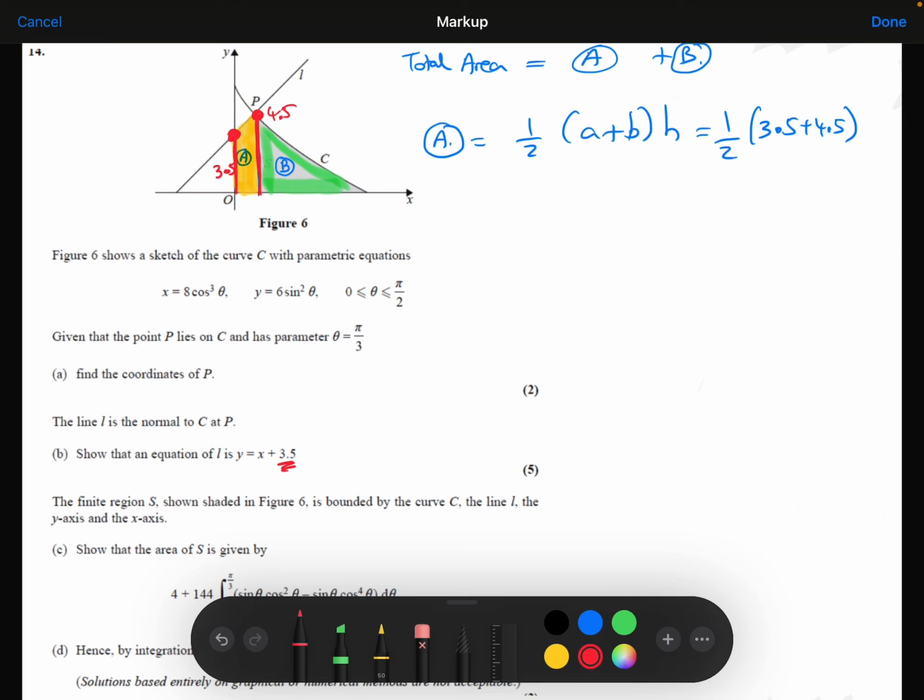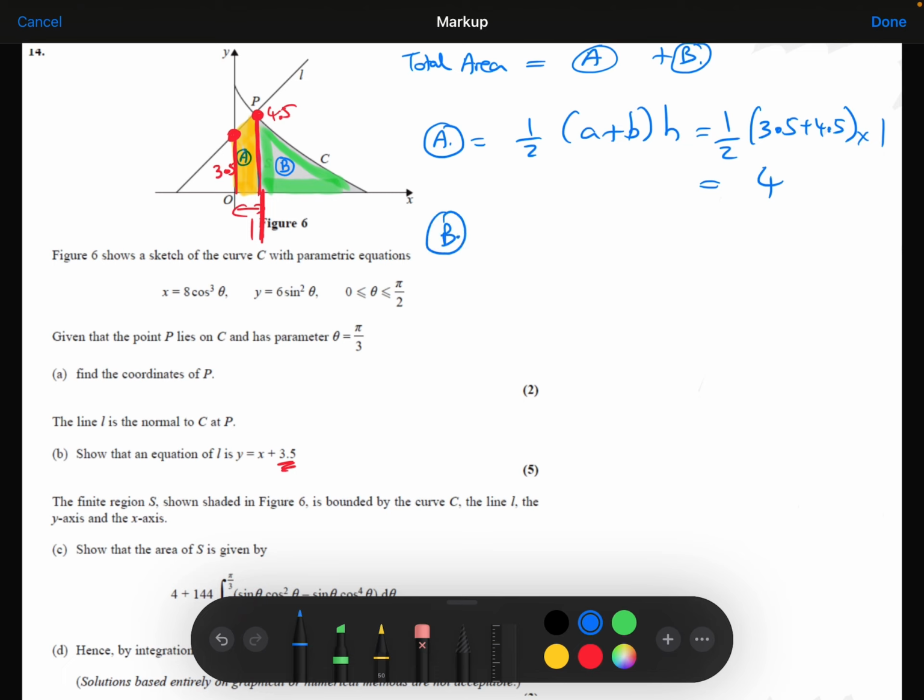H, the height between them, well, that's going to be the same as the x-coordinate of point P, which was 1. So half times 3.5 plus 4.5 is 4. So that's the area of A.